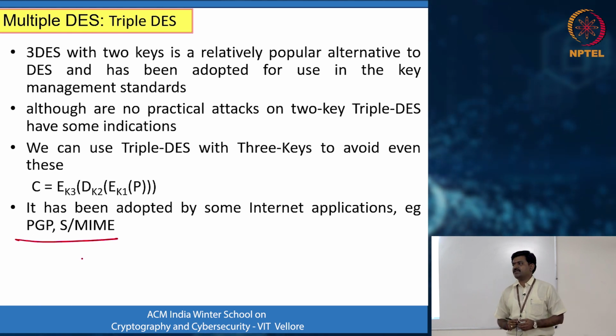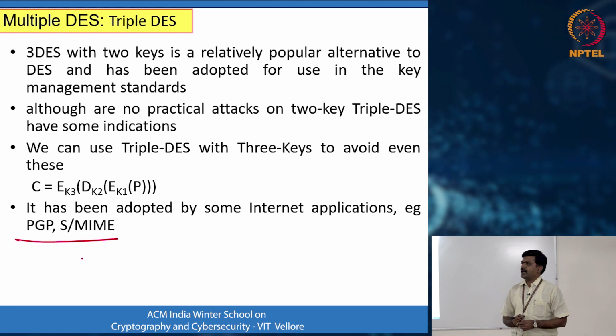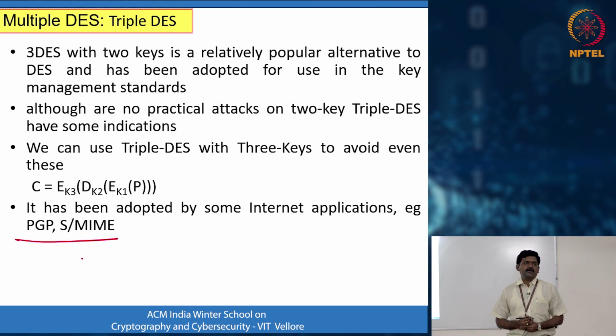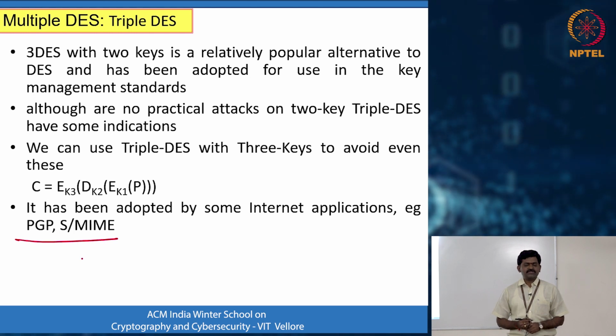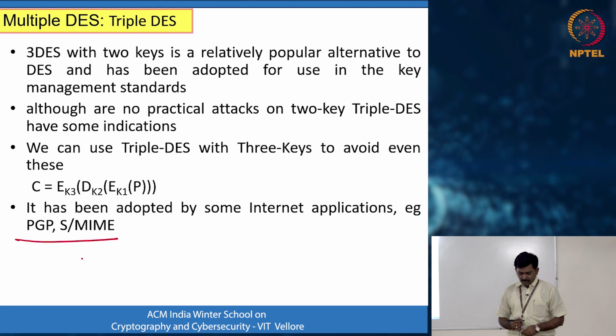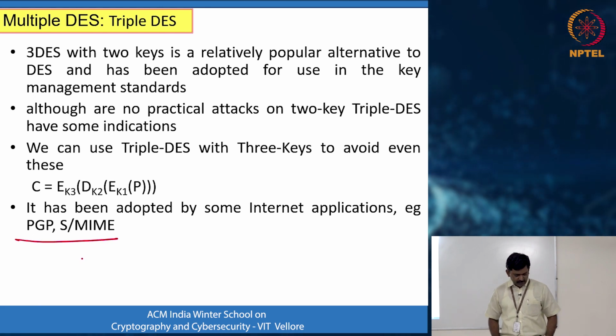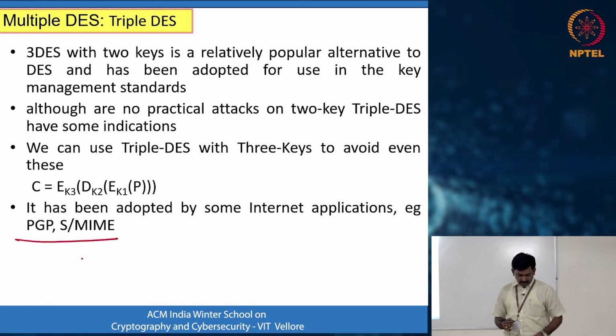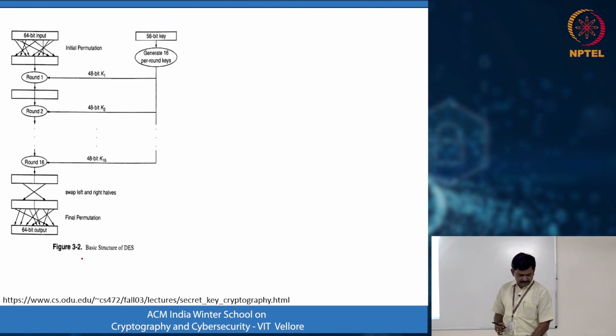Now, once you understand this triple DES, there are n varieties of algorithms which are symmetric in nature, symmetric block ciphers. Okay. Any doubts on this?